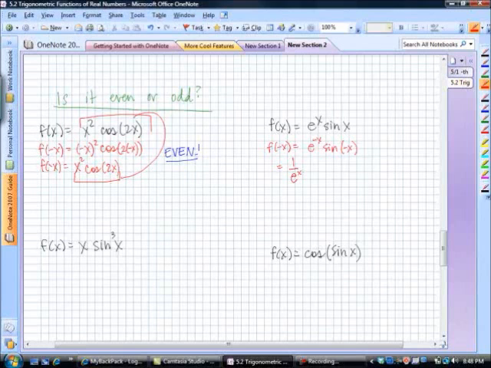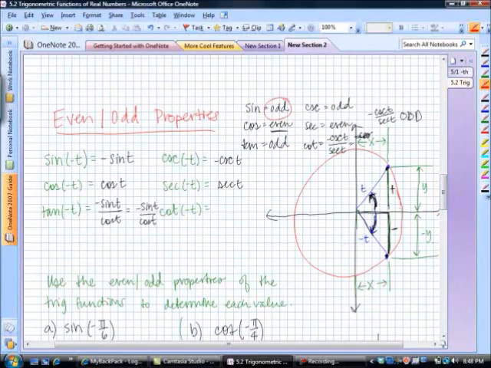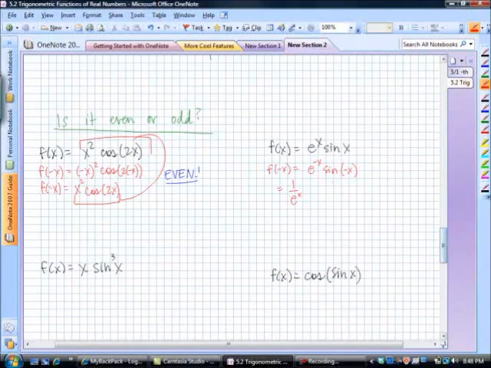Then sine of negative x: sine is an odd function, so whenever you take the sine of a negative angle, that makes the entire function negative. So that's the same thing as negative sine x. Now, if we simplify one more time, we can move the negative to the front. We get negative 1 over e to the x sine x.